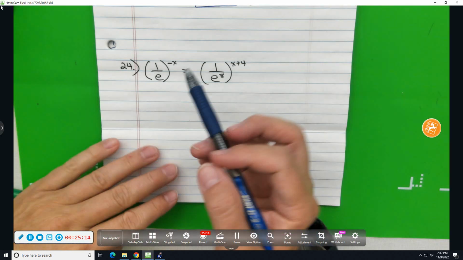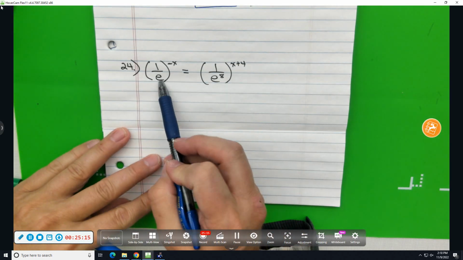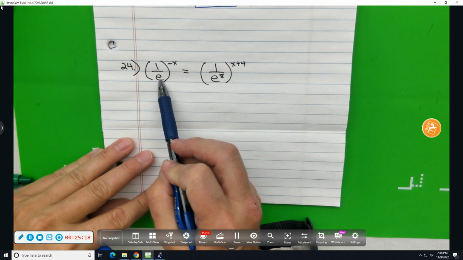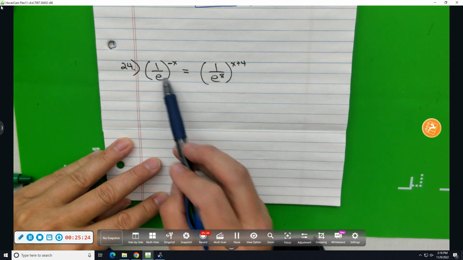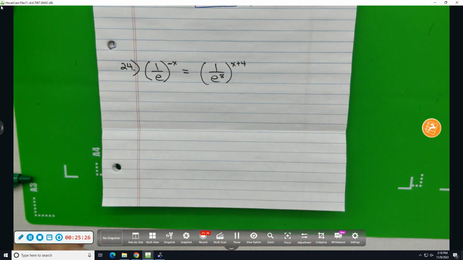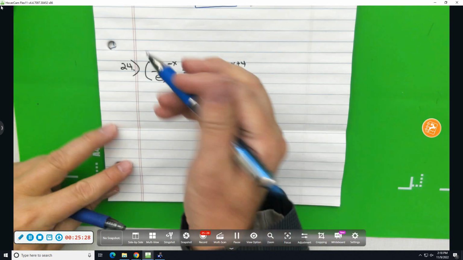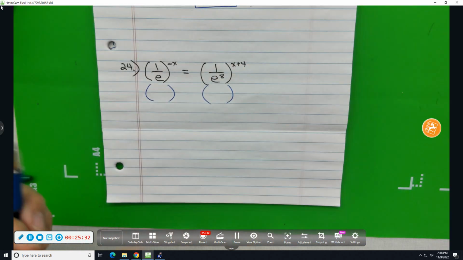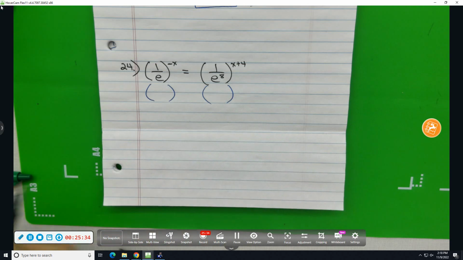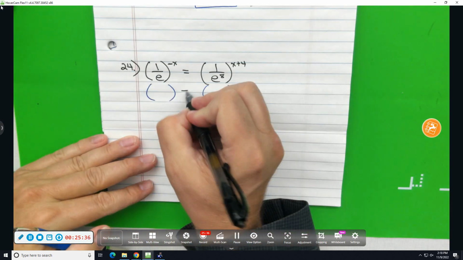E is an irrational number. If I have an e on one side and I'm going to get a common base, I better have an e on the other side, and I do. What I'm going to do is write both sides with a base of e. I'm going to use e as my common base.